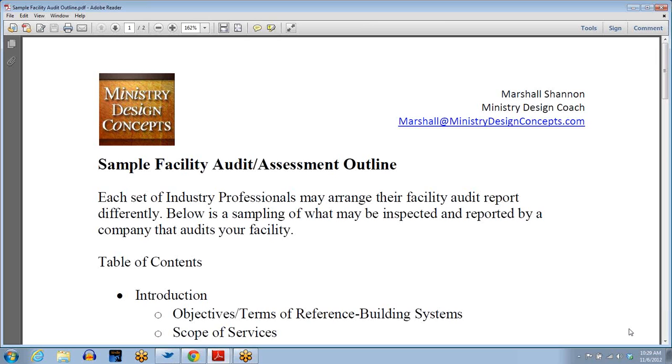In a simple facility audit or assessment, they're trying to give you some idea of a snapshot of where your building is today when it's done, what the life expectancy of your systems are, and to point out any particular problems that need immediate attention.